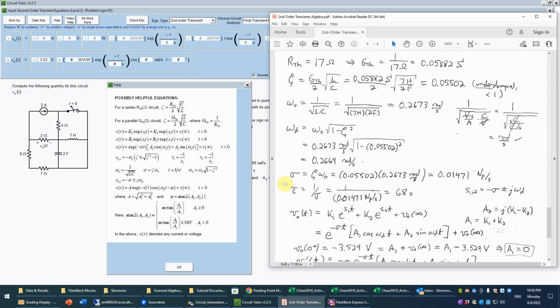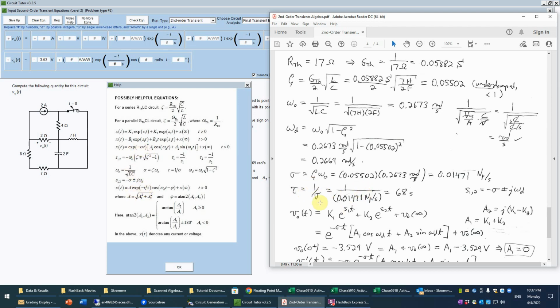Now the time constant that appears in this formula, for example in the denominator, is basically the reciprocal of sigma, because it's e to the minus sigma t or e to the negative t over tau. You could write it either way, like this, or like down here, for example.